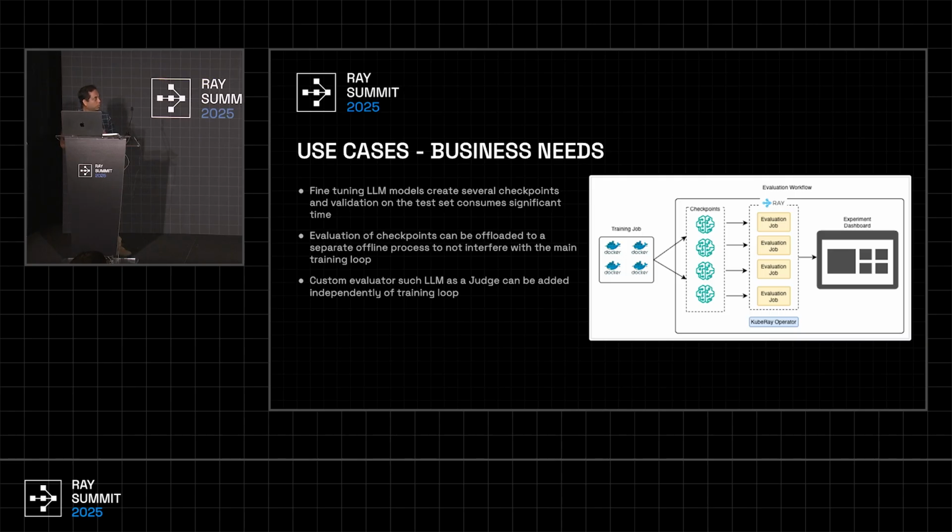So the push is, let's offload this evaluation workflow into a separate process, and there are many ways we can do that, with Ray being one of the enablers. And we do not keep it as part of the training loop.